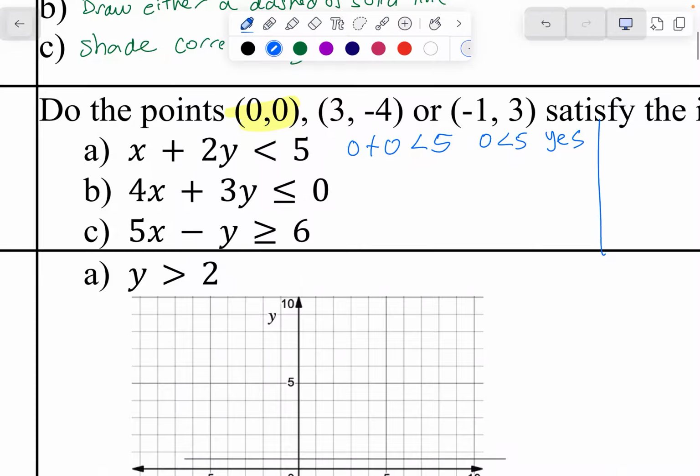Let's plug 0, 0 into the next one. We get 0 plus 0 is less than or equal to 0. Is 0 less than or equal to 0? Yeah, because it has that equal bar in it. It's a true statement, so that's a yes as well. So if we were to graph it, we would see that that is in the solution set.